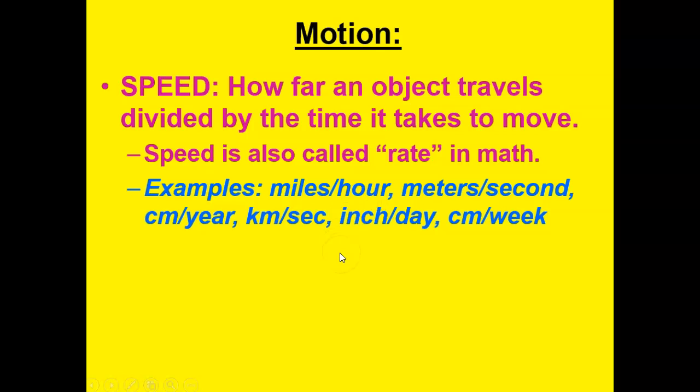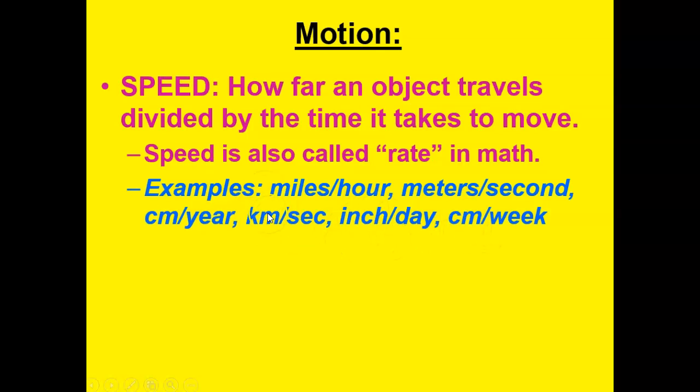Okay, and there's a lot of ways to measure this. Okay, so how far, that's a distance. And we could measure the distance of a car traveling in miles. Maybe if we measure a race at a track meet, we use meters. If we're measuring how far a bug is moving, maybe centimeters, kilometers, inches.